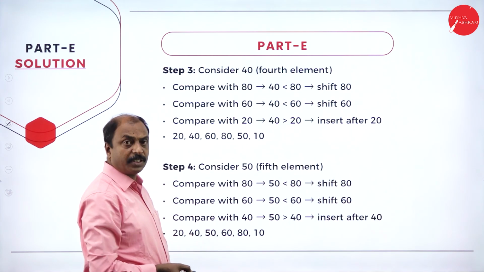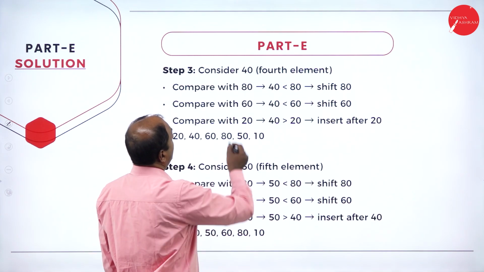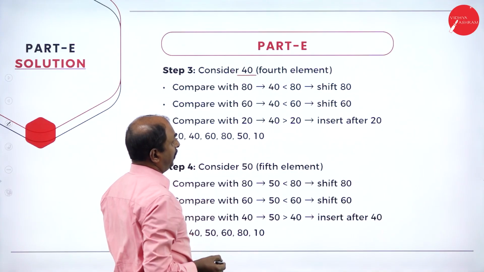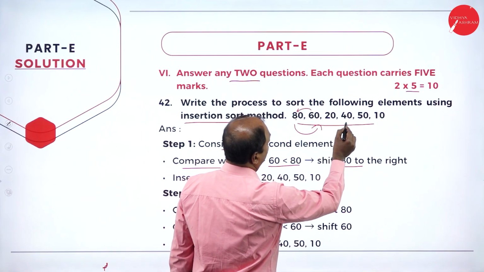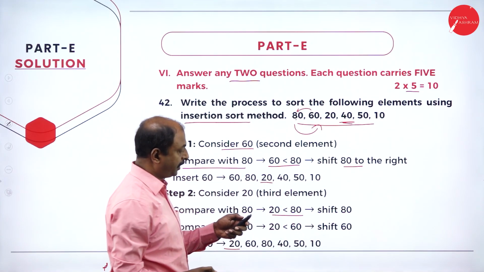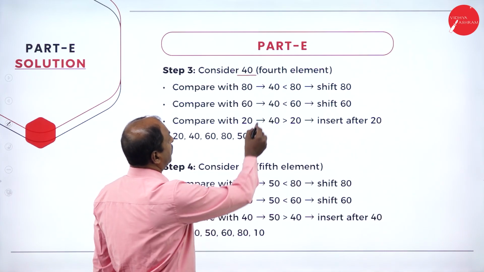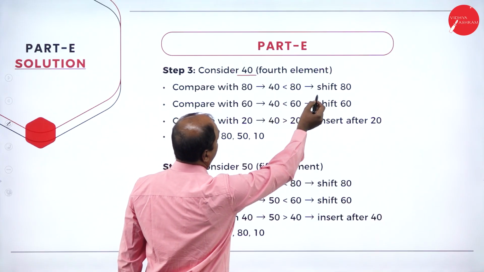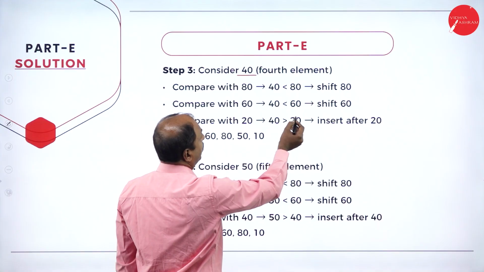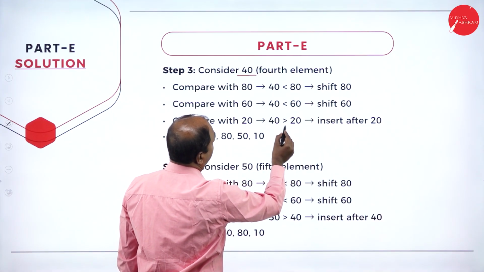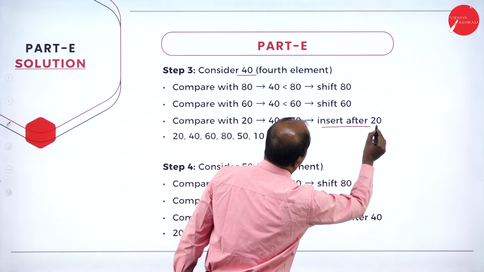In the next iteration, step 3, the next element is 40. Now I am comparing the fourth element, that is 40. 40 is less than 80, so we have to shift 80. 40 is less than 60, so we have to shift 60. 40 is greater than 20, so insert after 20.